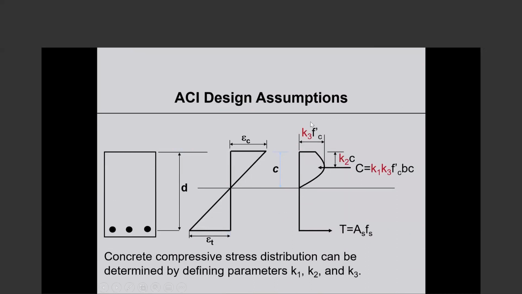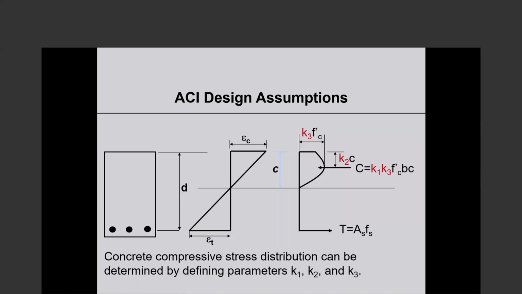f'c is the specified compressive strength, and this is established by testing cylinders. And anyway, f'c is a defined quantity, okay? Specified compressive strength. Now we are postulating that this maximum stress is k3 times f'c, and this k3 can be equal to 1 or a little bit different from 1.